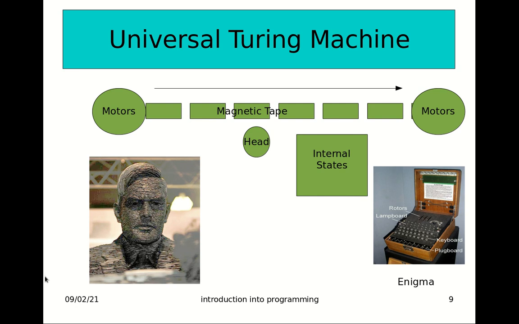So he had the idea, okay, the program is somehow written on something like a magnetic tape that is read from ahead, and basically this magnetic tape controls the internal states, a few flip-flop circuits or something like that, and this internal states in combination with the instructions that are written on the tape can also make the tape move forward or backward.